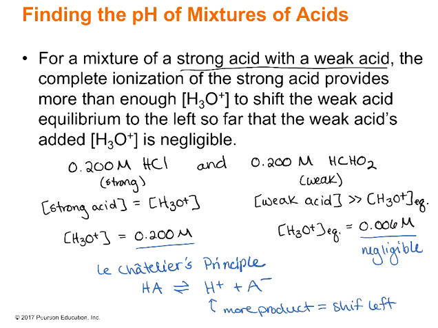Because we already have so many hydronium ions from the strong acid, the weak acid won't feel compelled to produce any hydronium ions.